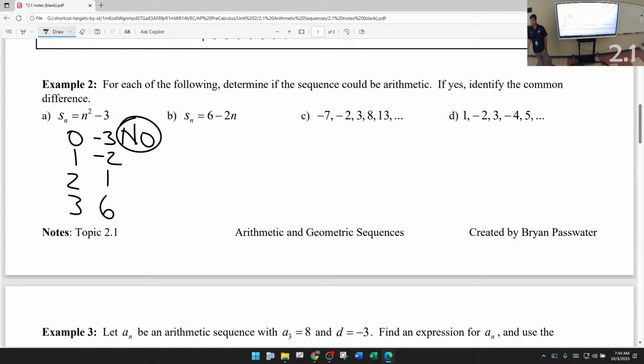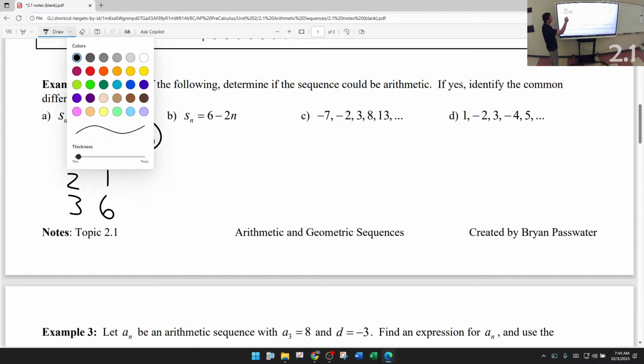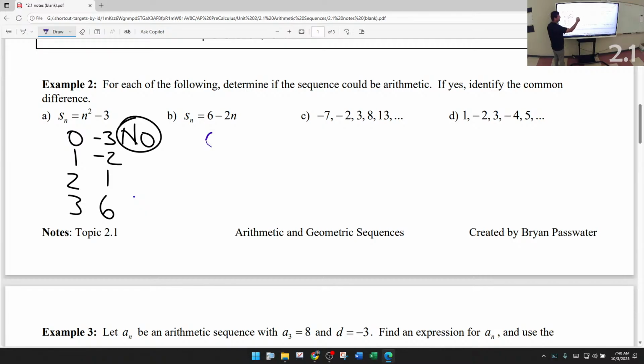Next one. I can tell you that it is arithmetic, because what is the slope of that one? Negative 2. So my guess is D is negative 2. But we can make ourselves feel better. 0, 6, 1, 4, 2, 2.